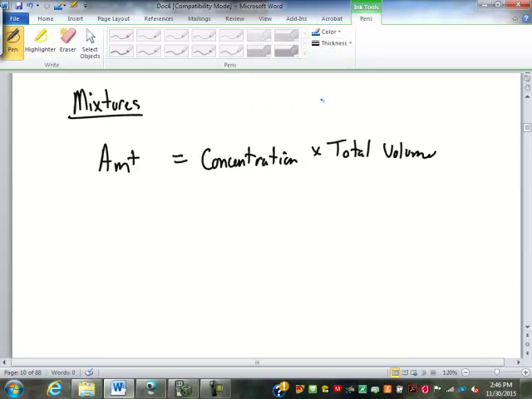So now when I say that a solution is a 24% solution or a 24% mixture or whatever, what that means is that 24% of the total volume is the active substance.